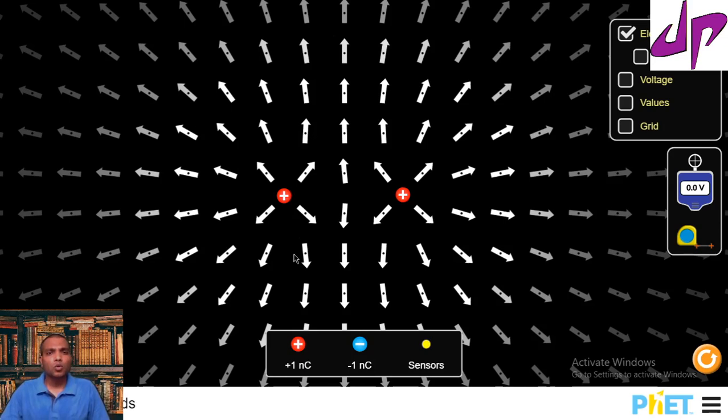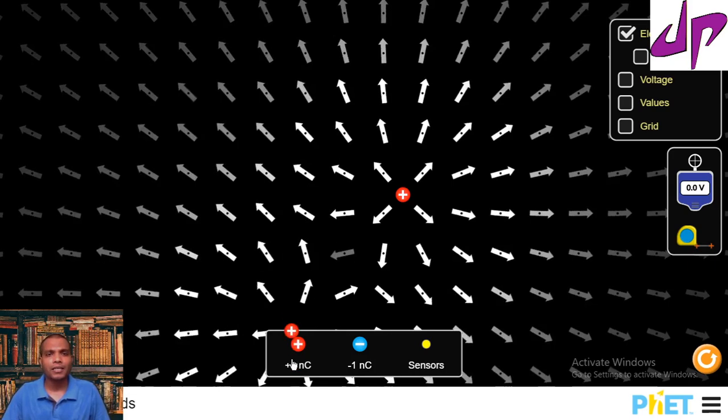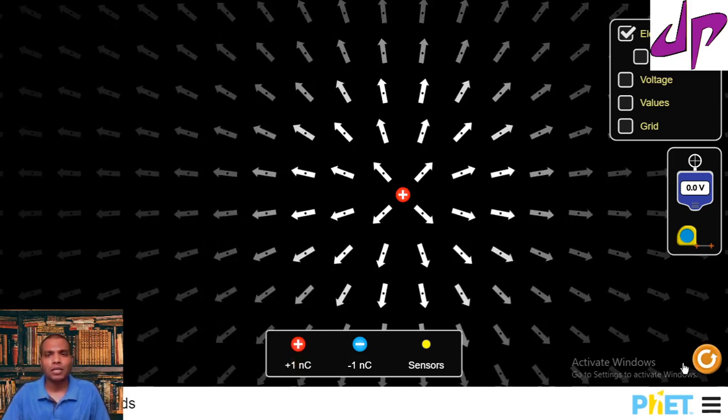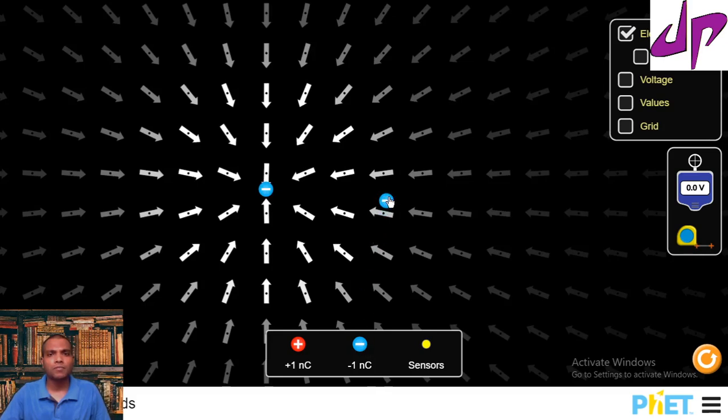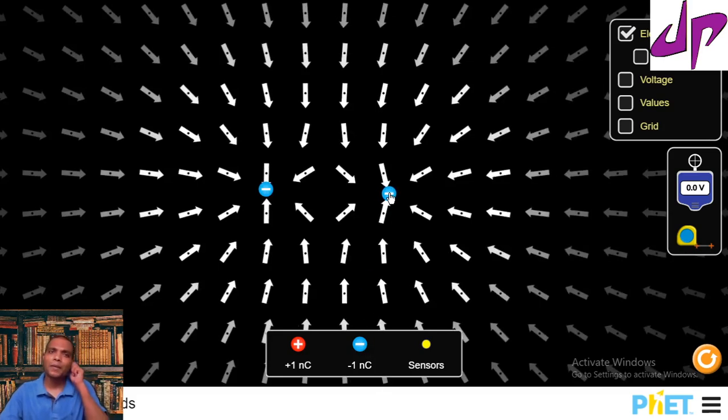So this is the way to draw the electric field line patterns. And if you take both as negative charges, the electric field line pattern is the same, but now the direction of the electric field lines will change. Now they are coming all the way from infinity and ending at the negative charges.